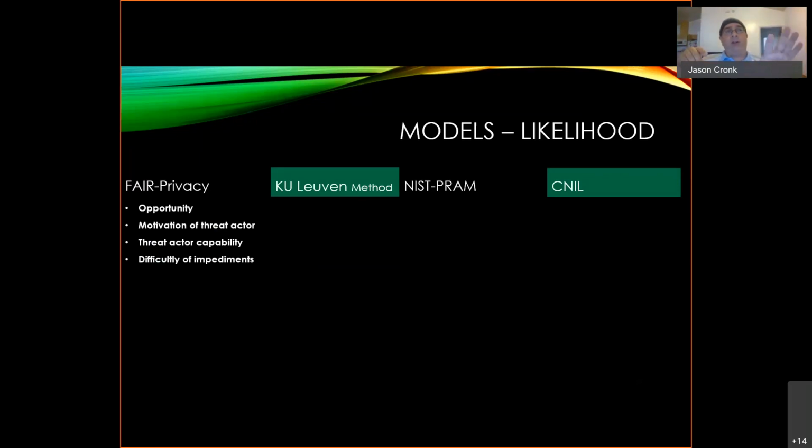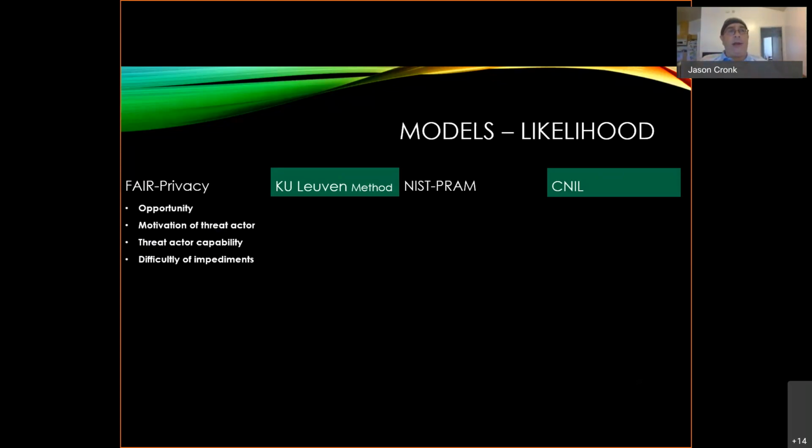So both FAIR privacy and the Kaulufa method take this kind of variance into effect by using simulation. They do what's called Monte Carlo simulation, where they simulate a whole bunch of threat actors and a whole bunch of random variables in terms of their motivations or opportunity. How does that play out in terms of the likelihood of this happening?